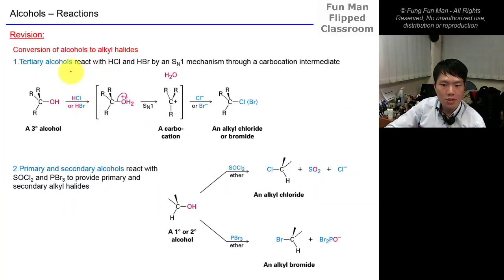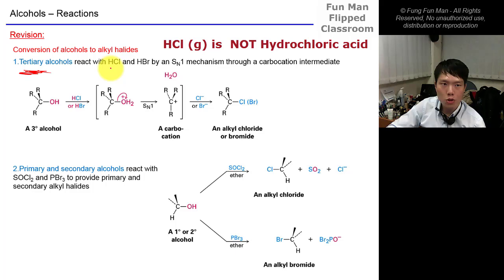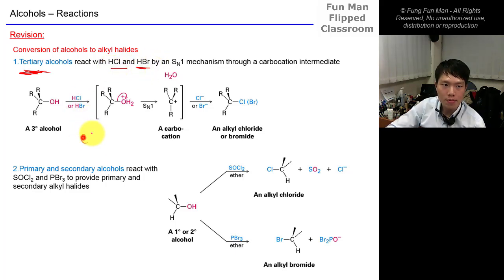Now let's revise this. When we're trying to convert the alcohol into the alkyl halide, how do we do it? Tertiary alcohol reacts with hydrogen chloride or HBr gas in ether solvent, via an SN1 mechanism through the formation of a carbocation intermediate.